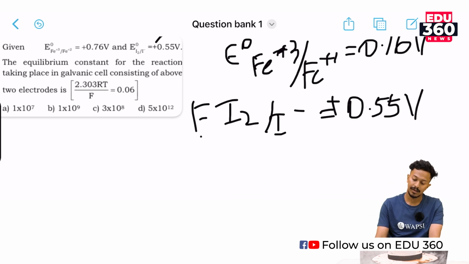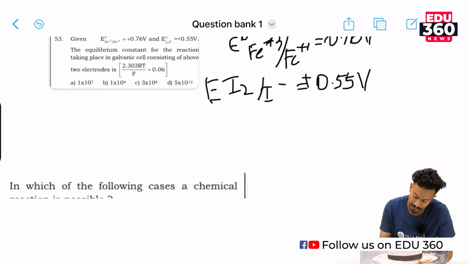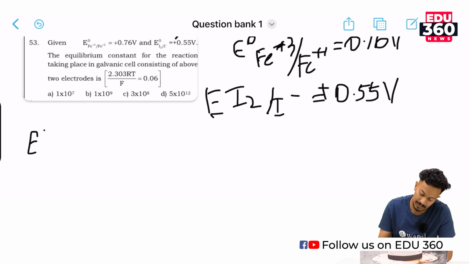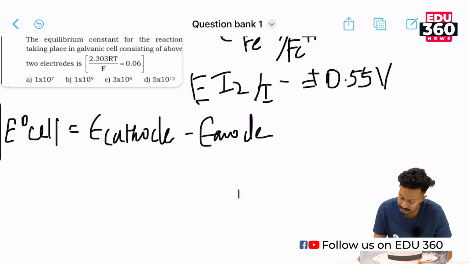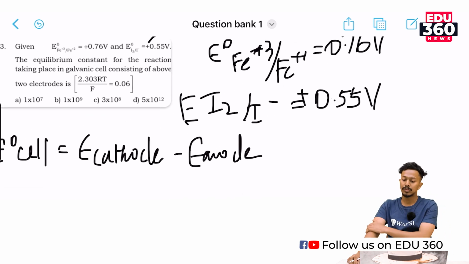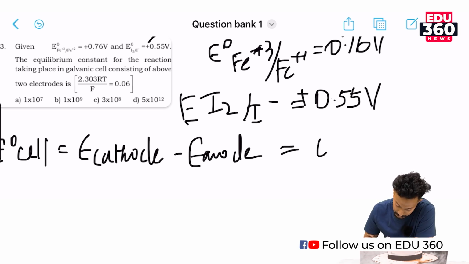Yes. So E0 cell for this reaction would be E cathode minus E anode, right? Which gives what? How much does this give? Actually, it might give like 0.19, right? Cathode minus anode, 0.19 volt.